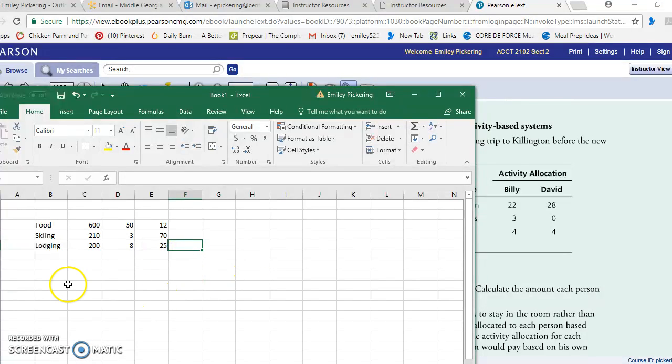So in this case, we can apply each of these to each person to see if the cost would be the same if they just divided it in half. Let's look at Billy first. His food, he plans on eating 22 pounds of food, and the cost per pound was 50.